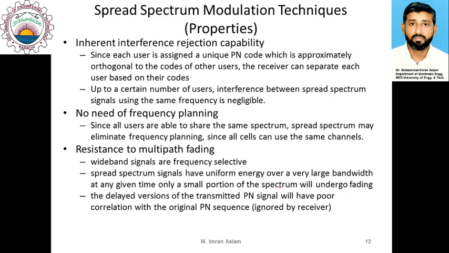So what are the important properties of this spread spectrum modulation technique? First of all, it has inherent interference rejection capability. As I said, in order to extract the signal, we need to calculate cross correlation with the pseudo noise sequence, and only the correct pseudo noise sequence results in a higher cross correlation and recovery of the signal.